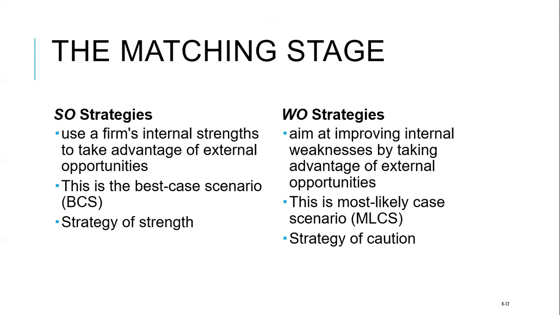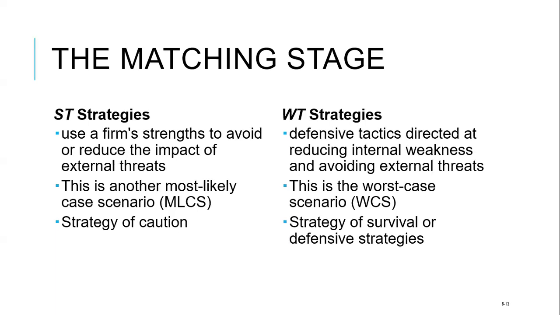And the options following the pairing of the various components of the SWOT analysis matrix may border on best case scenario, which is the strength opportunity strategies, through most likely case scenario, which includes the weaknesses opportunity strategies as well as the strength threat strategy.